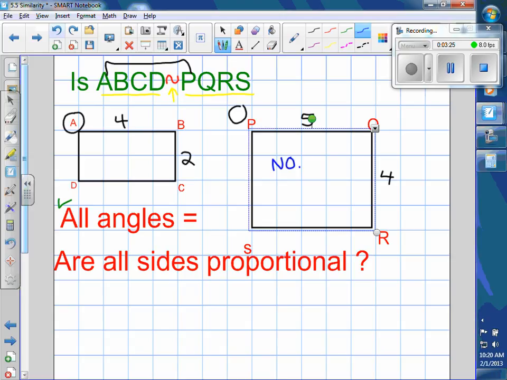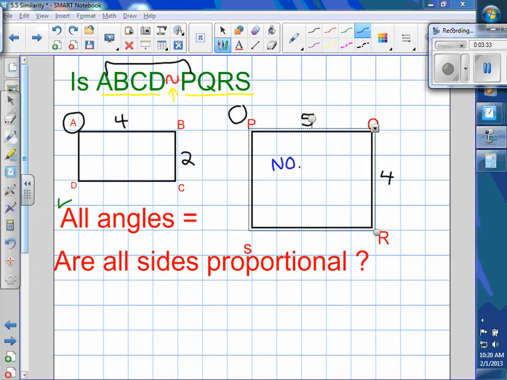So how would you do it? Well, because 2 is a multiple of 4. So those perpendicular sides are equal. Right. Well, they're proportional. But then like the top and bottom, you'd have to multiply 4 by 2. Okay, so one way is to look at how to get from one to the other.